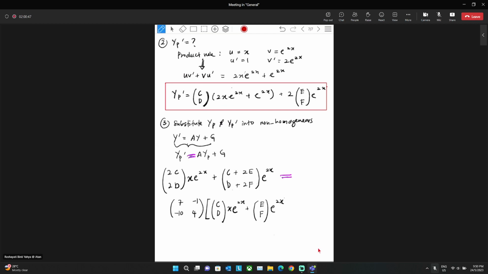Finish for YP and then plus G. Your G just now is 5 exponential 2x, -6 exponential 2x.